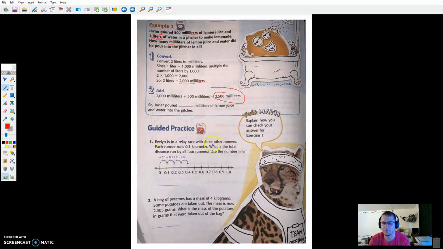Evelyn is in a relay race with 3 other runners. Each runner runs 1/10 of a kilometer. What is the total distance run by all 4 runners? Okay, so we've got 4 runners. Each one runs 1/10. So I could draw the number line here. 1, 2, 3, 4.